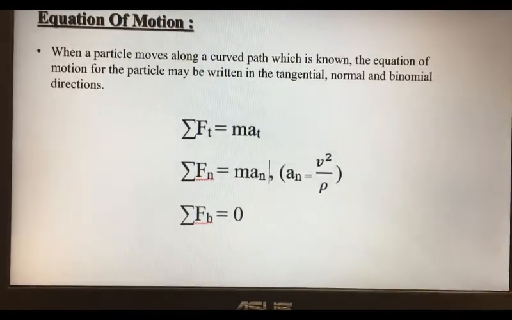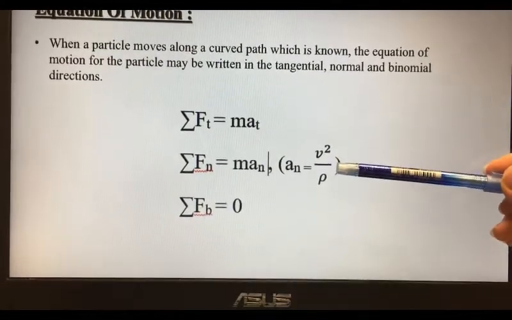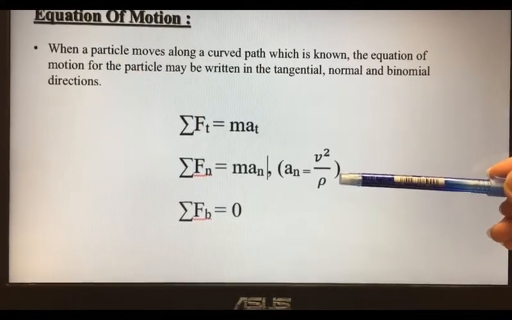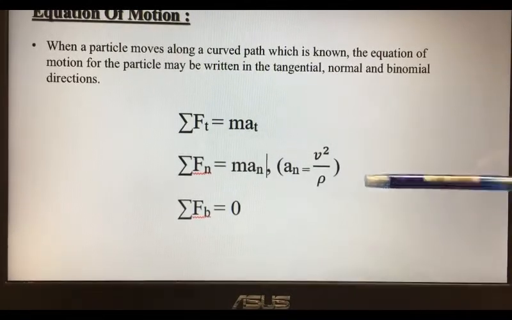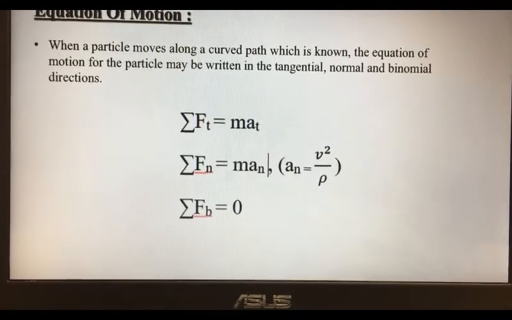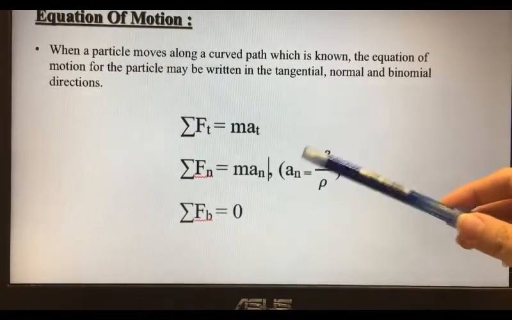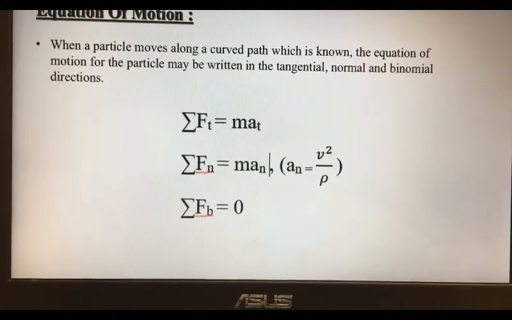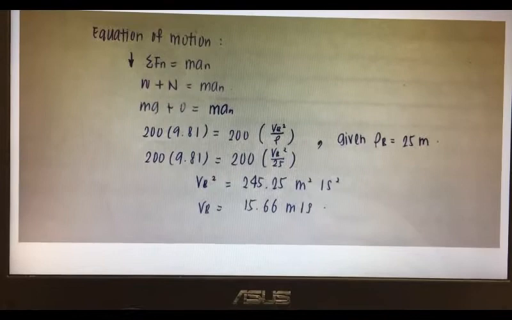For this case, we will only use the equation for normal directions, which is summation Fn equal to m an, where an equals v squared over rho. Summation Fn always acts in the positive n direction. Hence, an represents the time rate of change in the velocity's direction. This is the equation of motion.